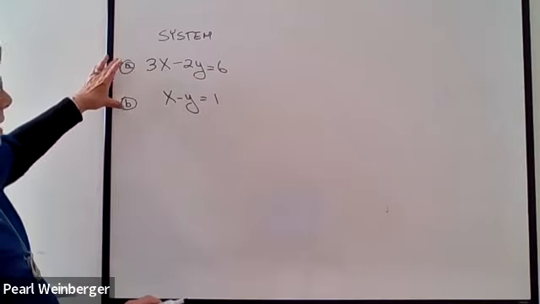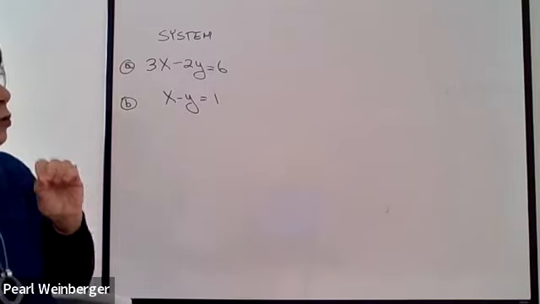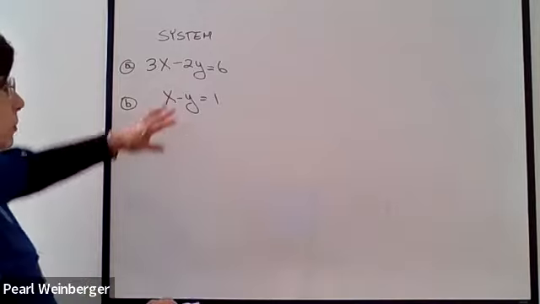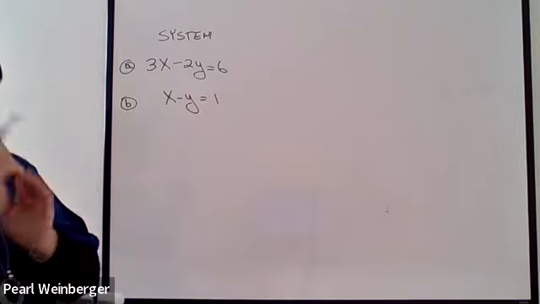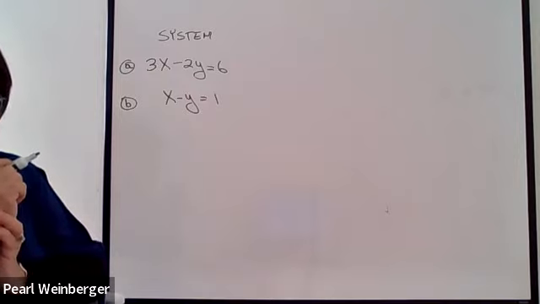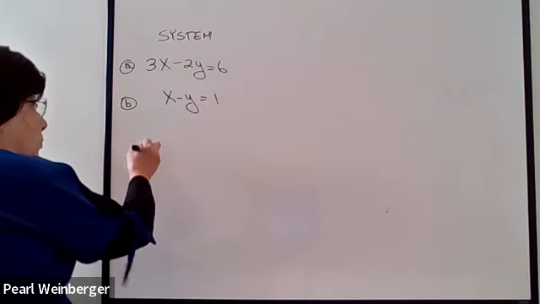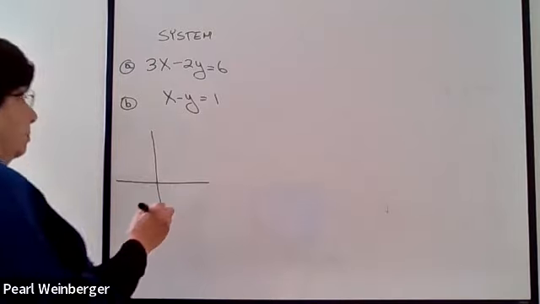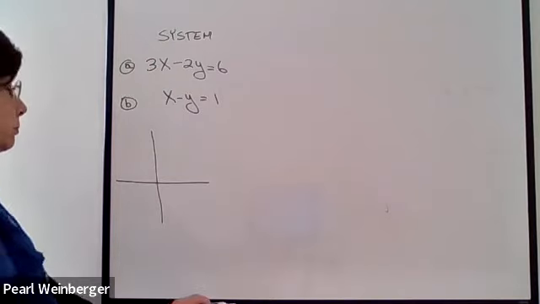Okay. Let's think what it might mean when they use the term solve the system of equations. So before I do this particular problem, I'm just going to talk about it in general. We have two equations, two linear equations. Obviously, they represent lines. What could happen when we have two lines in the same problem?